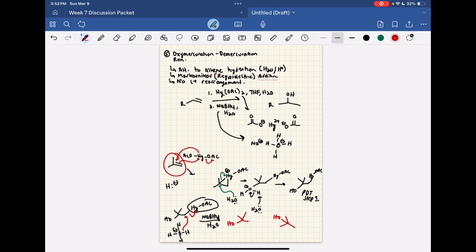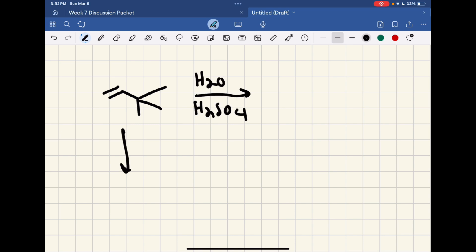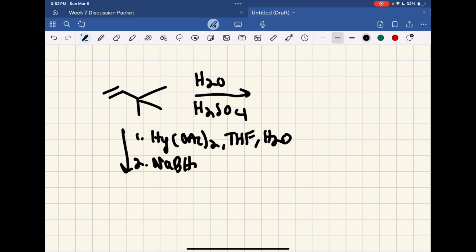So, to bring this idea of why we teach this reaction into focus, let's show you this example in two different pathways. Okay, so for the first, this is acid-catalyzed hydration. You can imagine hydronium is the main reagent. We form a carbocation at the more substituted, the secondary position.